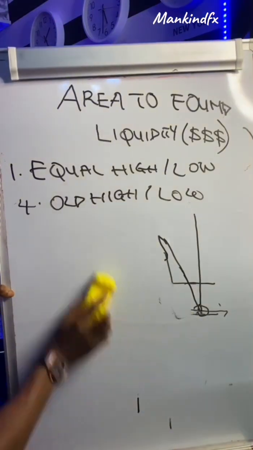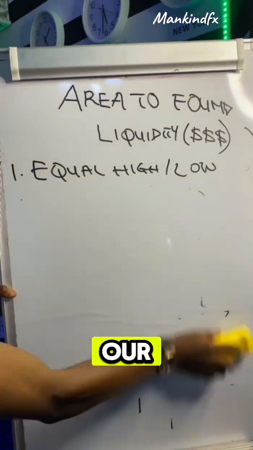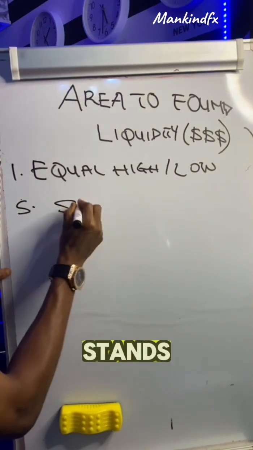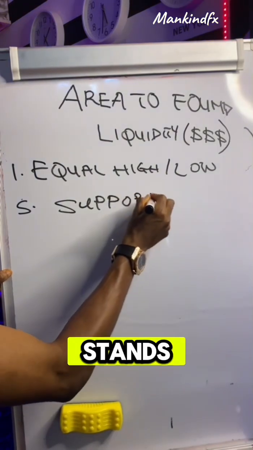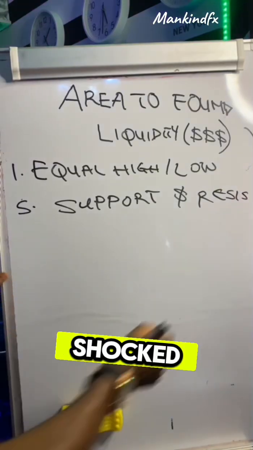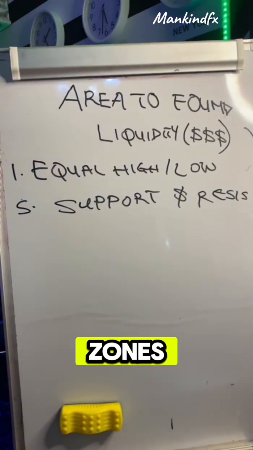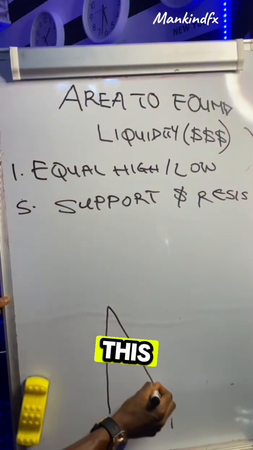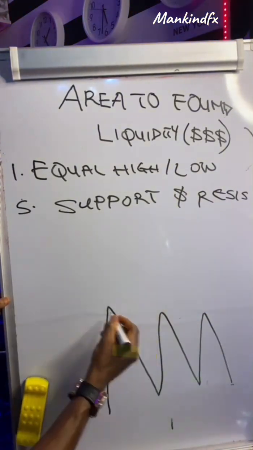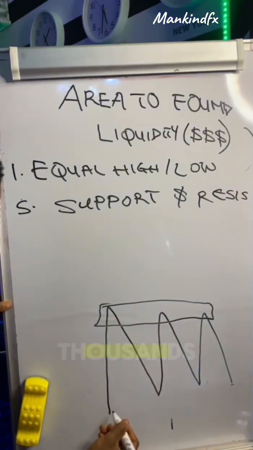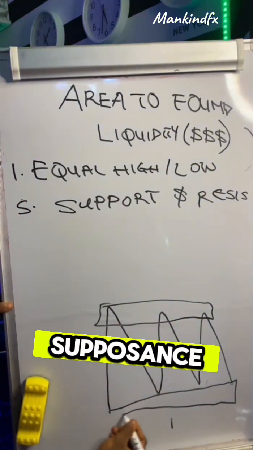The fifth area where you can spot your liquidity is your support and resistance zones. Your support and resistance zones are areas where liquidity can be found. I know a lot will be shocked, but yes, liquidity can be found in those zones. Let's say price is accumulating, and we see that this is a very strong resistance zone, and this is a very strong support zone.